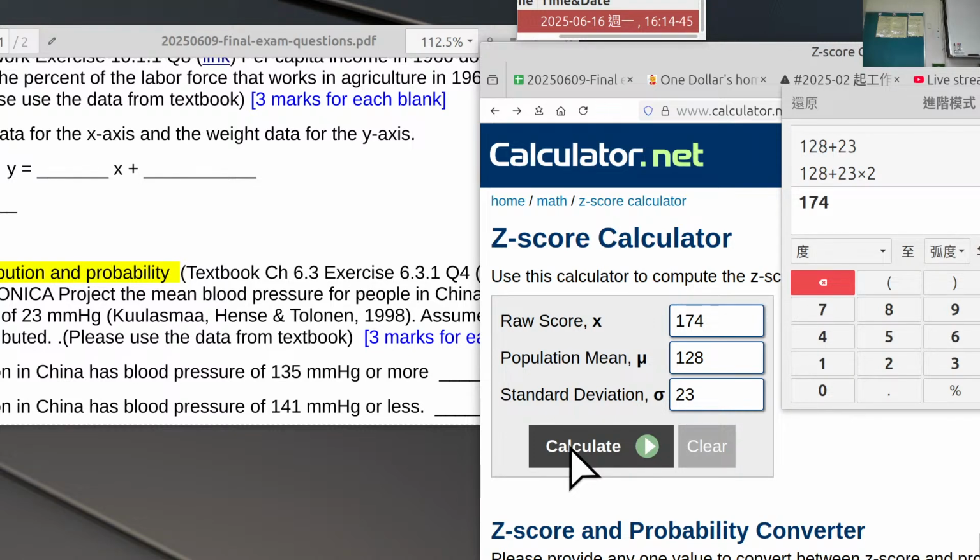Okay, do one more test. Please type the number 128 plus 23 multiplied by 3, input the number here, and tell me the z-score.